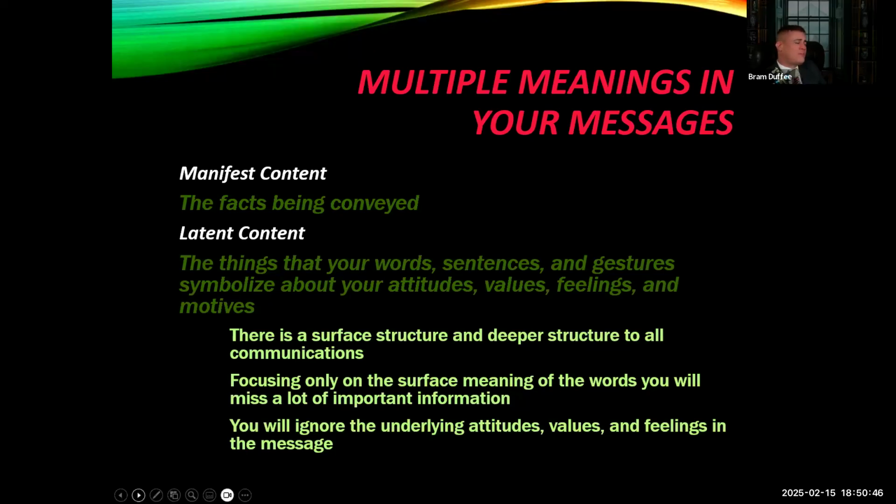And so we think back to that transactional model of communication that we talked about early on. The goal is trying to get a message that you have intended for them to receive in a certain way. So these distinctions are important.